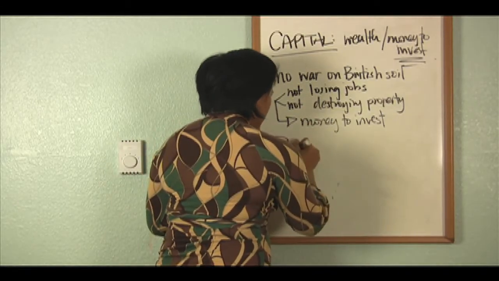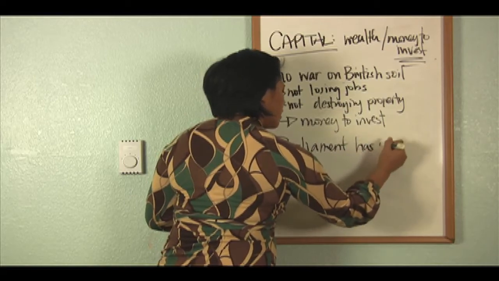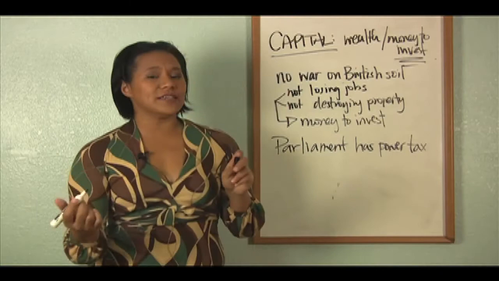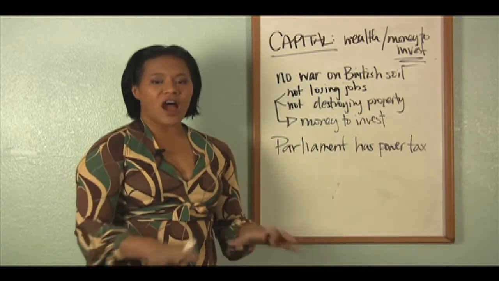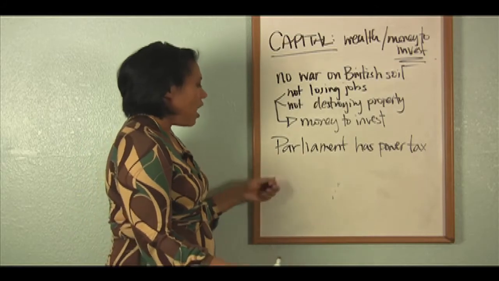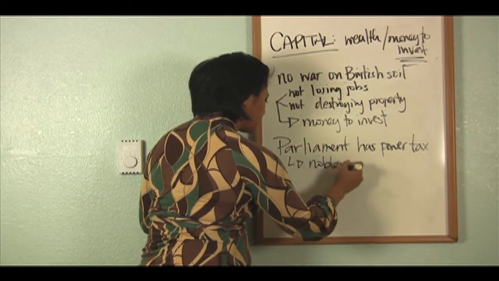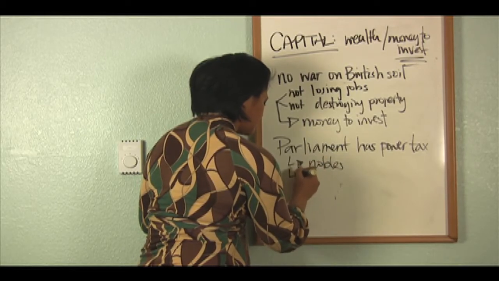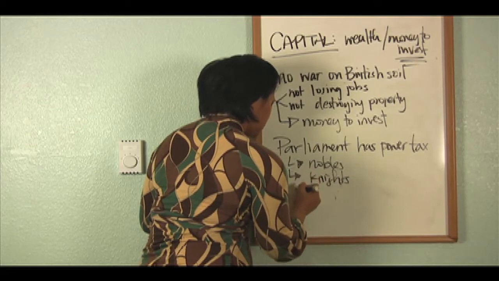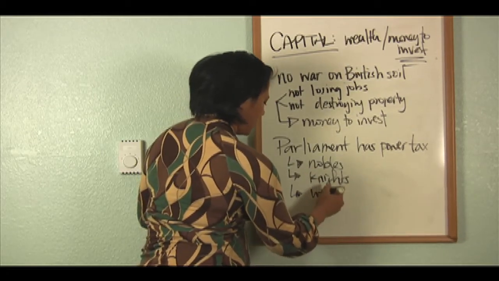Parliament is elected. Granted, not everyone could vote. This is not a full democracy. It's an old oligarchy. Parliament was voted on by nobles, knights, and wealthy citizens.